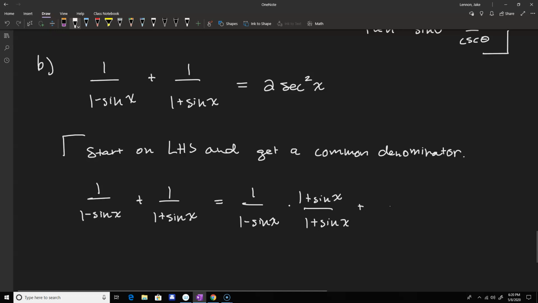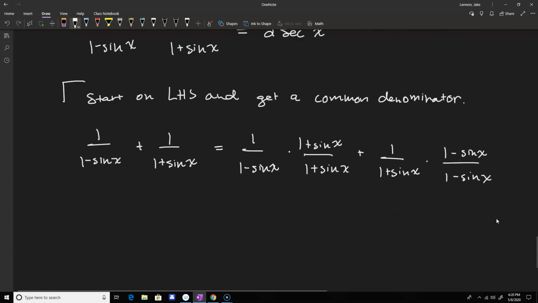And the second term, 1 over 1 plus the sine of x, is being multiplied by 1 minus the sine of x over 1 minus the sine of x. Okay, so now we do in fact have a common denominator, and that common denominator is just 1 plus sine of x times 1 minus the sine of x.